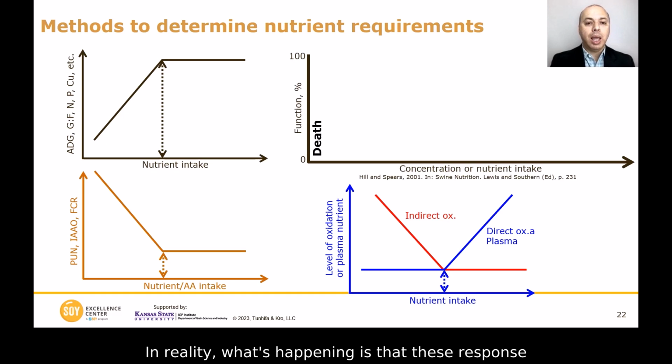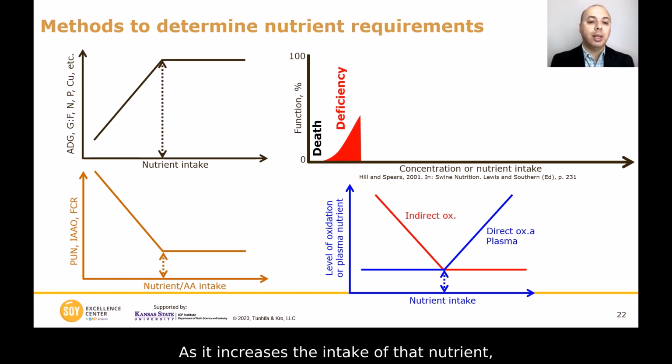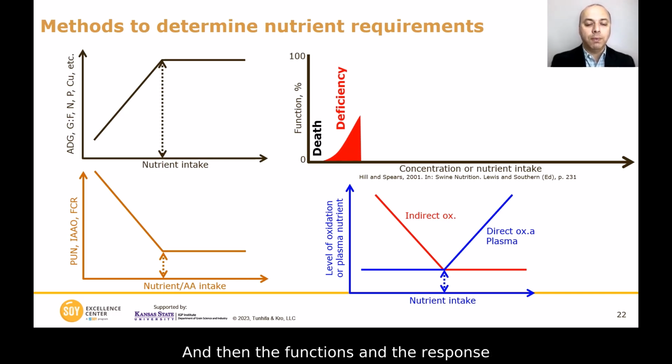In reality, what's happening is that these responses are curvilinear. If we look at the concentration of a nutrient or nutrient intake by a pig, if it's not consuming anything, well, the animal may die. As it increases the intake of that nutrient, it's still going to be in what we call a deficient status, and the functions and the response are going to be highly compromised.